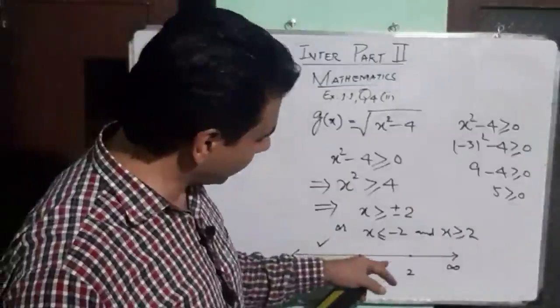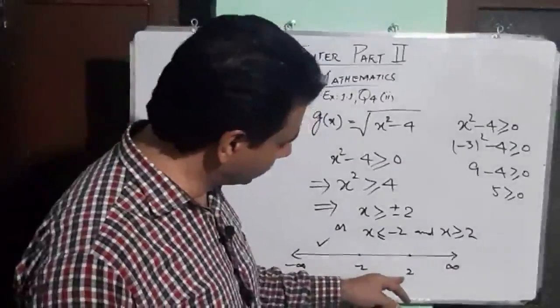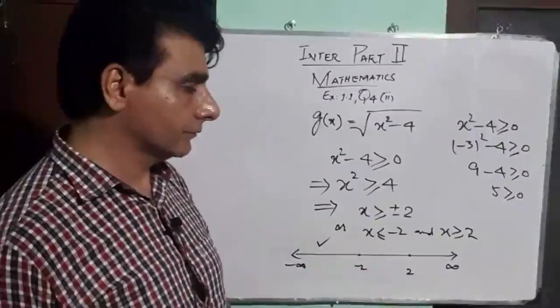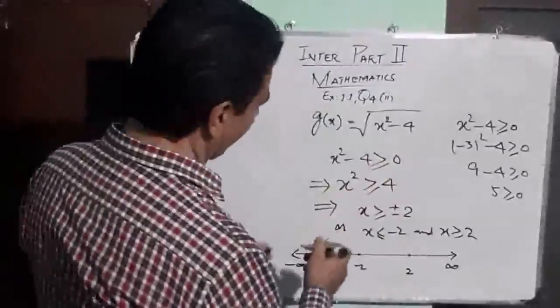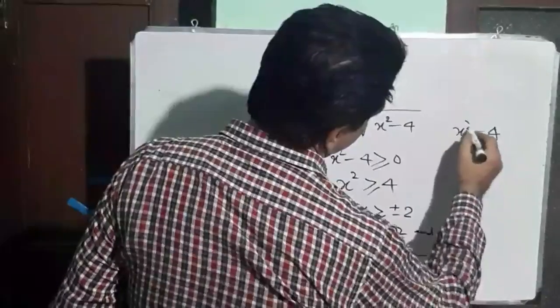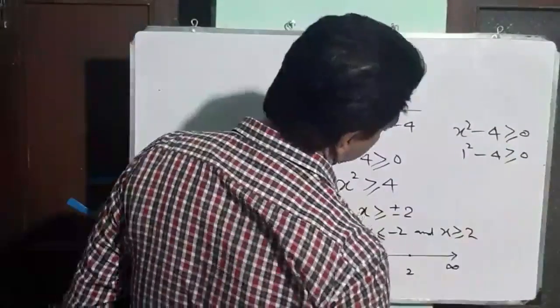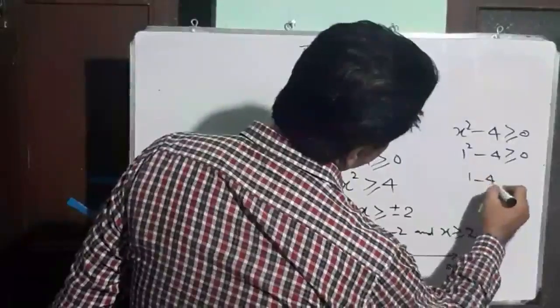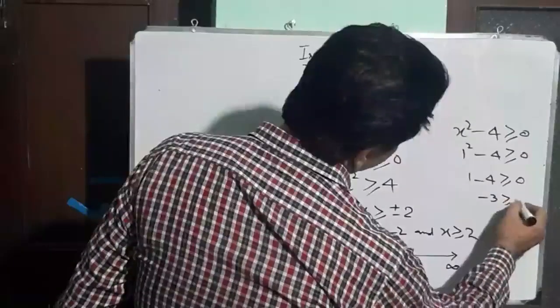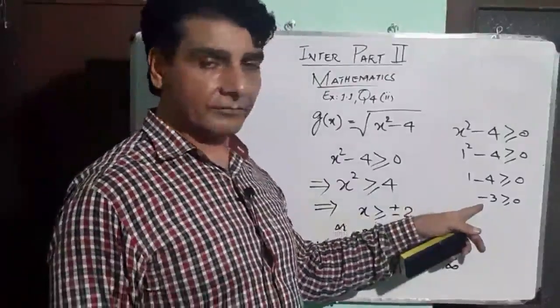Now move to the next interval. Here between minus 2 and 2 there are minus 1, 0, 1, different values. We will check this one. We will put 1 in this. 1 square minus 4, so now it has become negative.